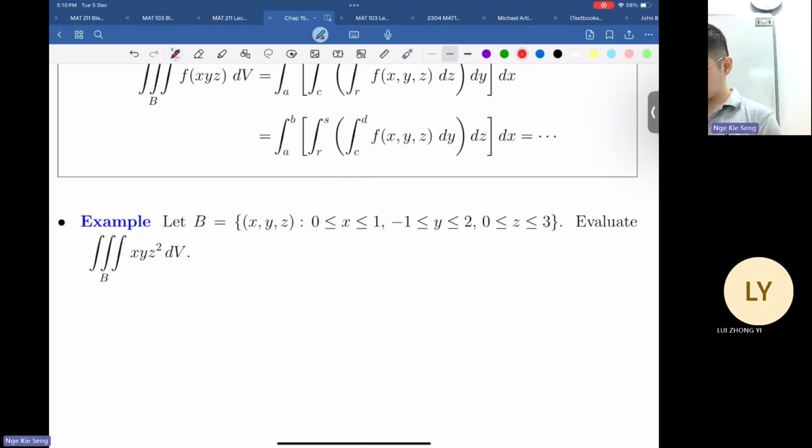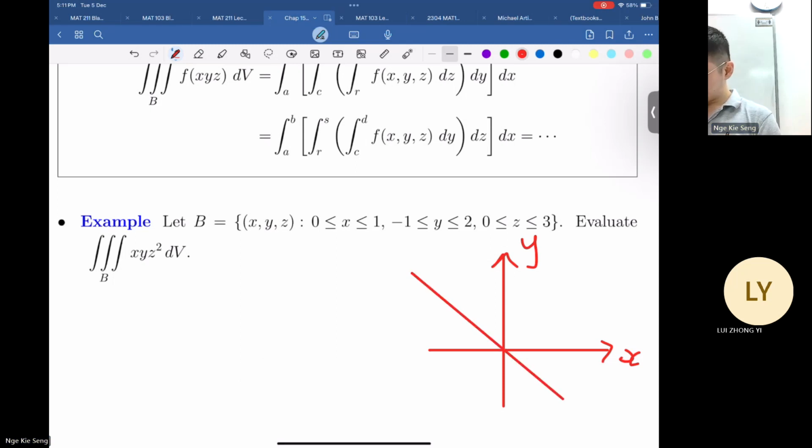So let's draw this stuff. X, Y, and then I got the Z. My X is going from 0 to 1, say this side here. Y is -1 to 2, so it's on this side here.